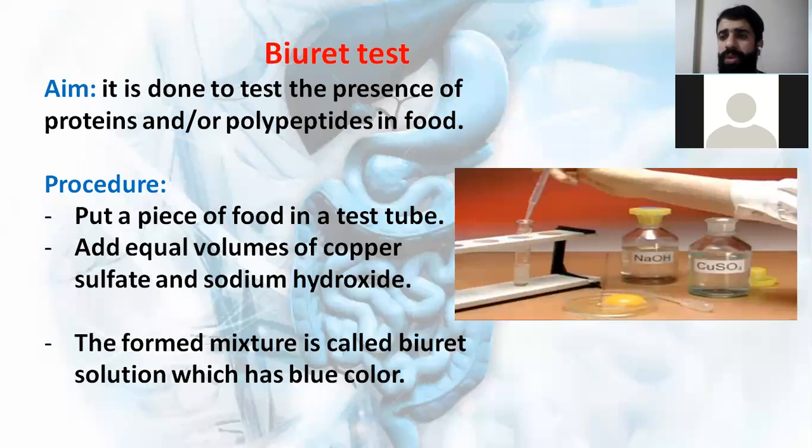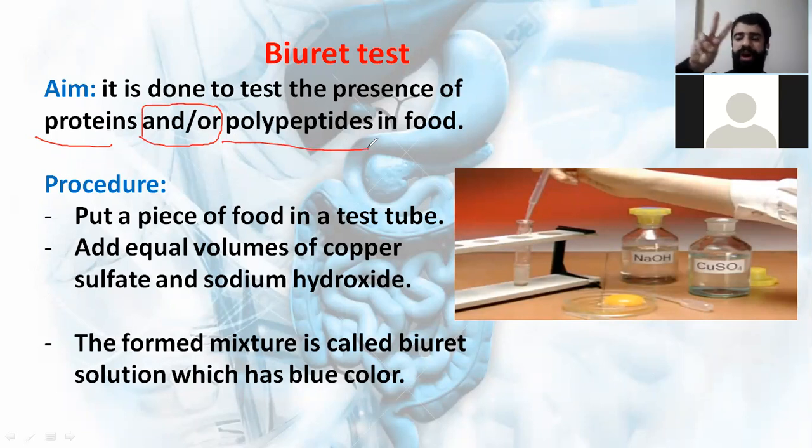Moving to the third test. The third test is called the Biuret test. The Biuret test is done to identify the presence of proteins and/or polypeptides. Either proteins or polypeptides or even both of them.